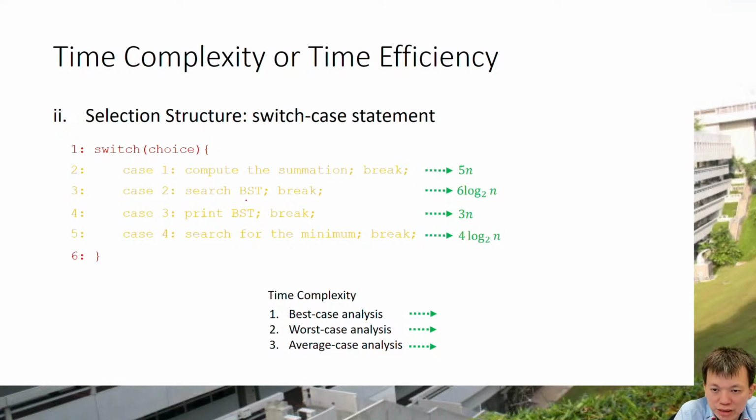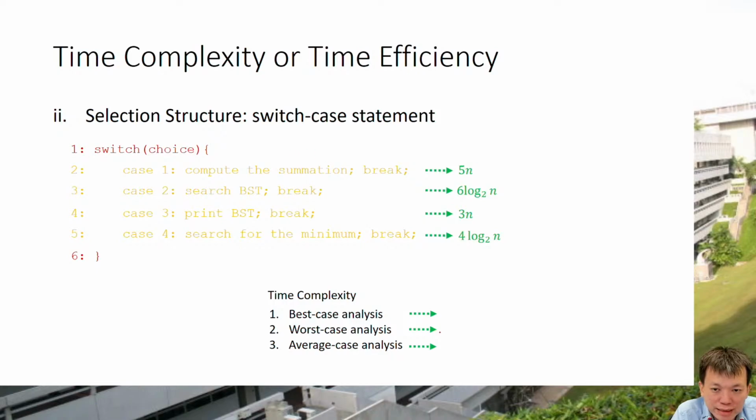Then searching the binary search tree takes logarithmic time, 6 log 2n. Then print out takes 3n. Then maybe searching the minimum takes another 4 log 2n.